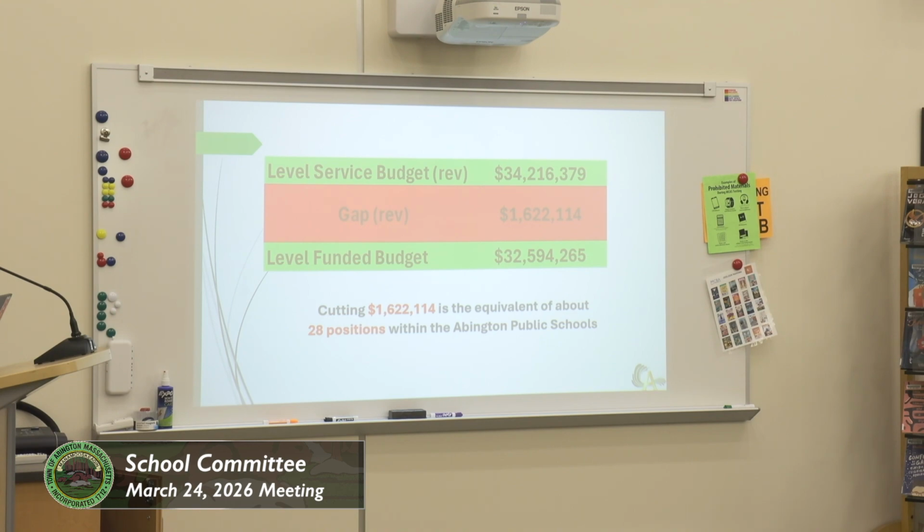The ways that we were able to come to this number, we were able to reduce, with Dr. Robbins' assistance and guidance, one out-of-district collaborative placement. We were able to decrease the increase in projected regular education transportation from 20% to 15%. And we were able to realize an increase in the projected circuit breaker reimbursement from 72% to 75%.